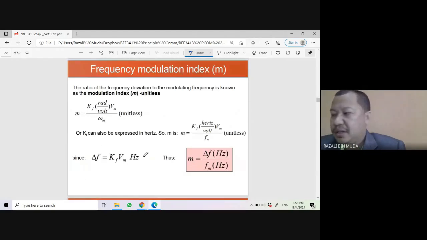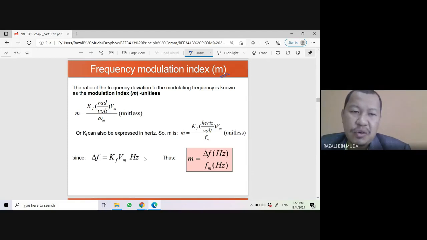Okay. Next parameter is modulation index. For FM, we call it frequency modulation index, also represented by M, similar to the amplitude modulation signal.